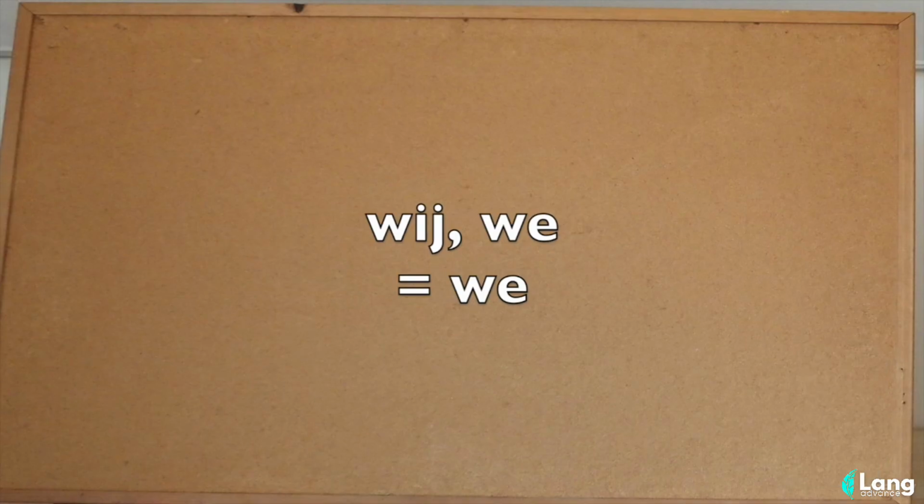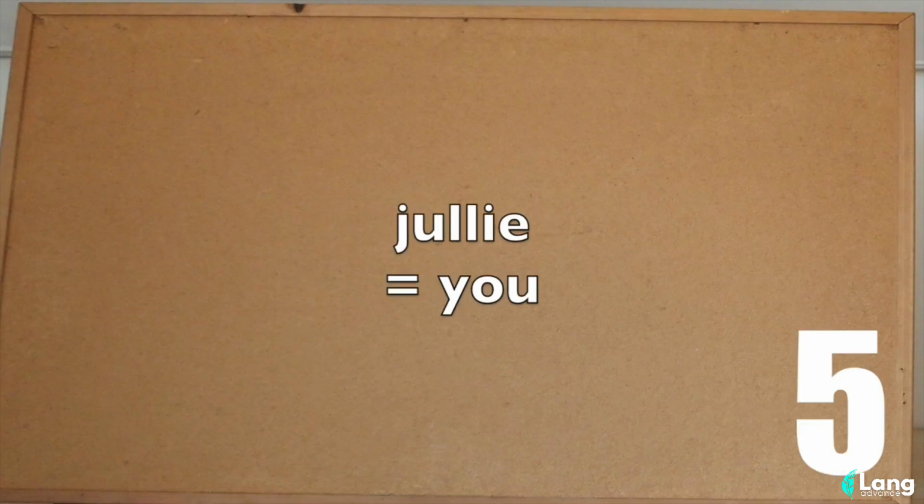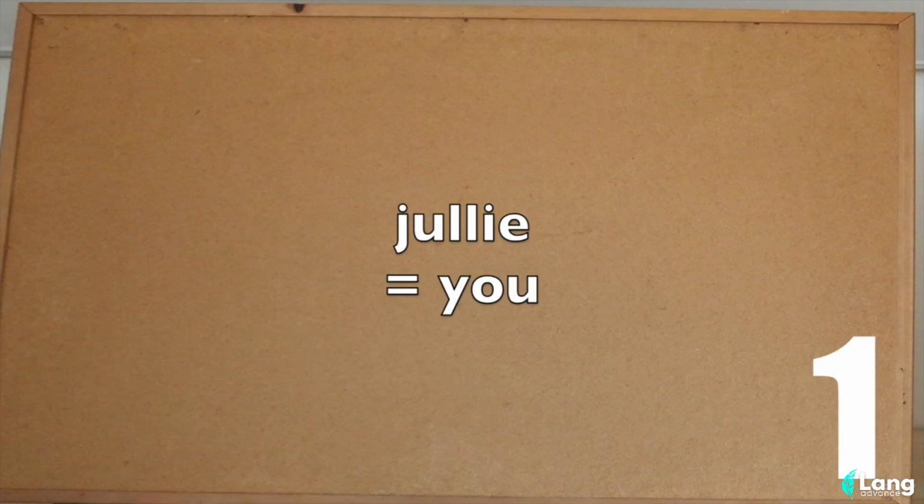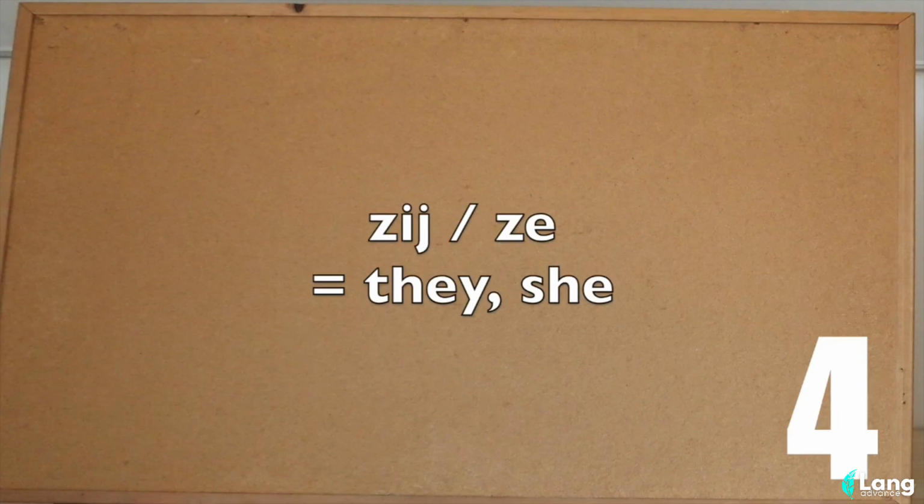Wij, we is we. Jullie is you in the plural. Zij, ze is they or she.